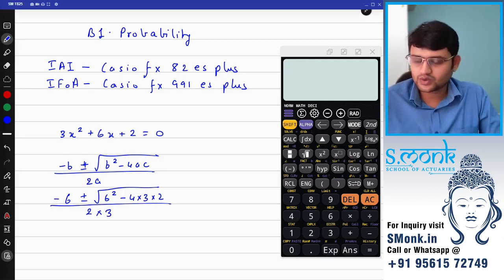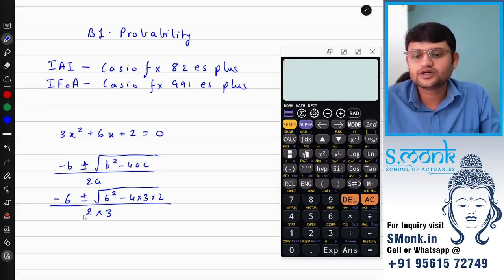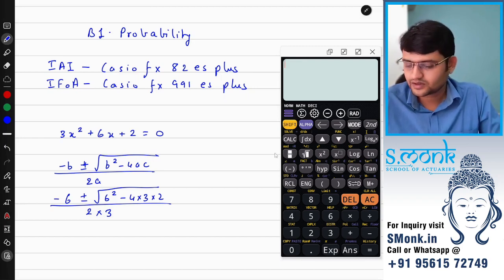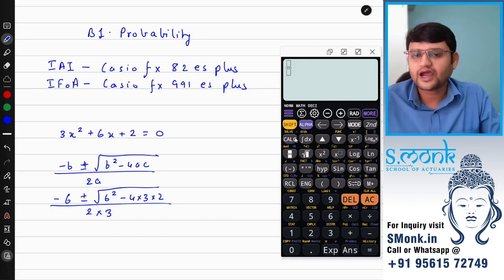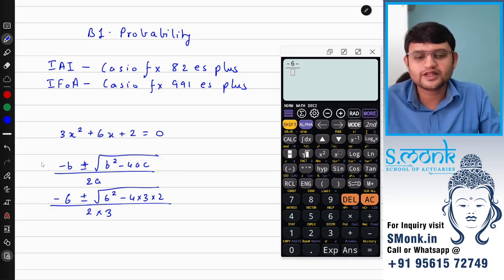I'll show you how. So what I'll do is, first I want the fraction. This is the fraction button. Press that and you can see the cursor is on the numerator. So I can type whatever I want in the numerator. So minus 6. I will do the minus first and then later on we'll do the plus, because I cannot do plus minus both together.